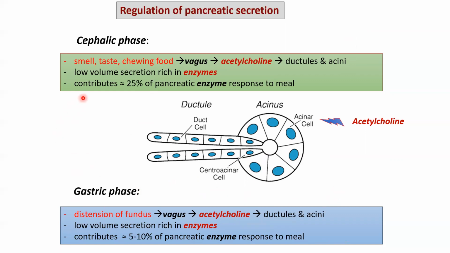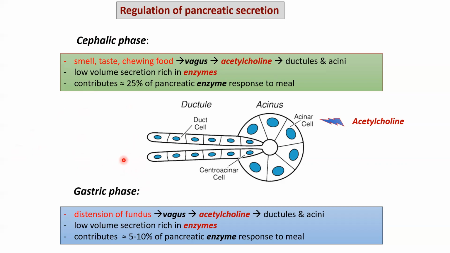In the gastric phase, the stomach is not interested in chemical signals. Here you have taste and smell, activating sensory neurons, these are chemical signals, but in the stomach it's all mechanical, pretty much. Distension is going to do it.